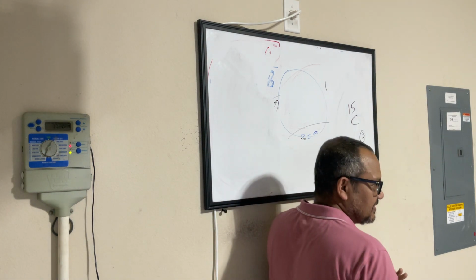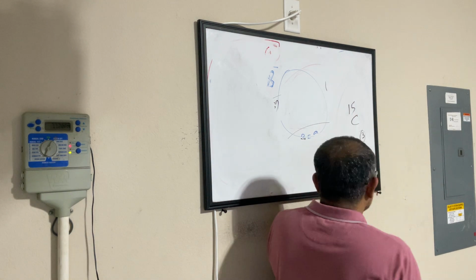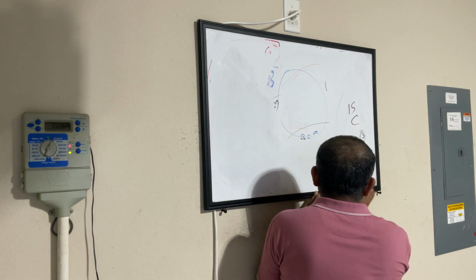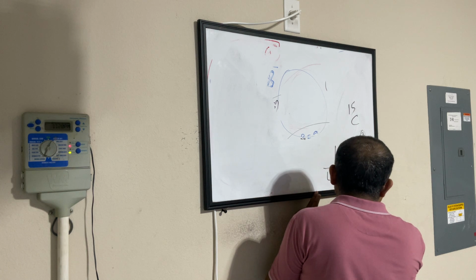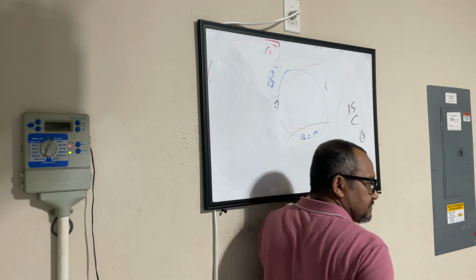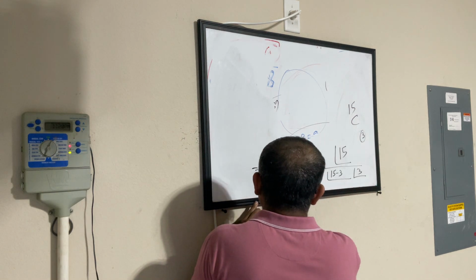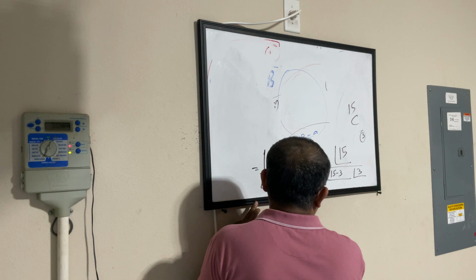I will use this: 3 combinations out of 15 options. So that becomes 15 factorial divided by (15 minus 3) factorial multiplied by 3 factorial. Yeah? And that is 15 factorial divided by 12 factorial divided by 3 factorial.